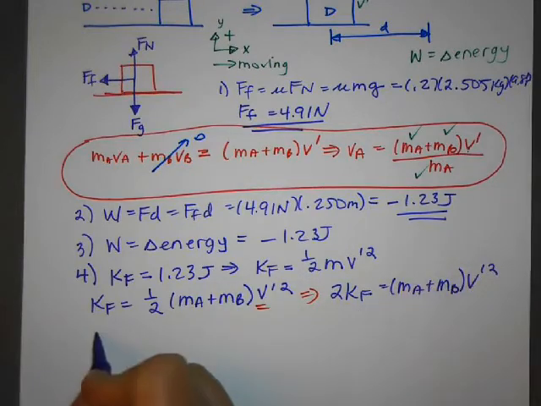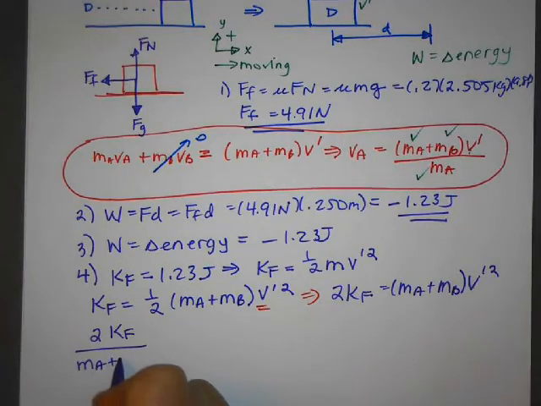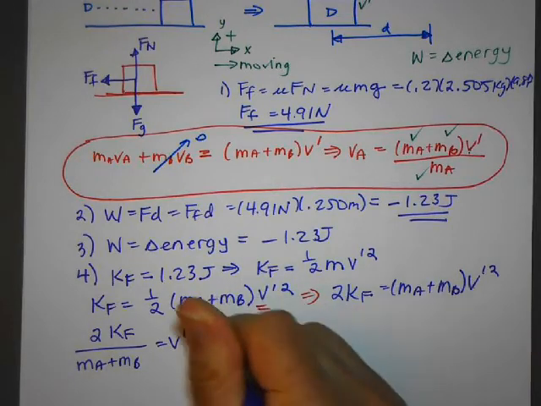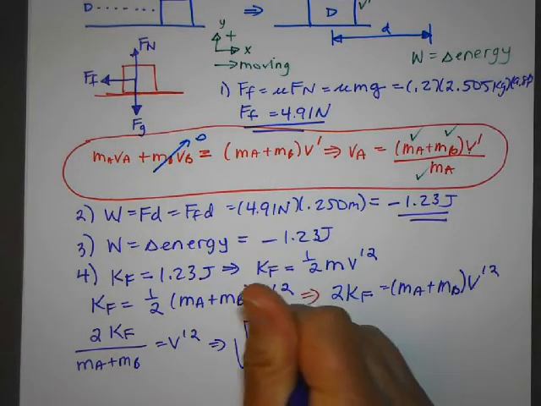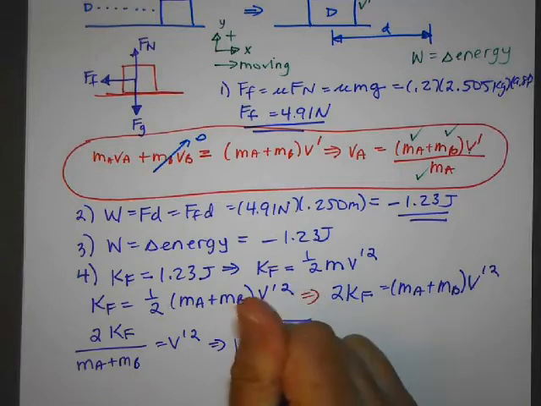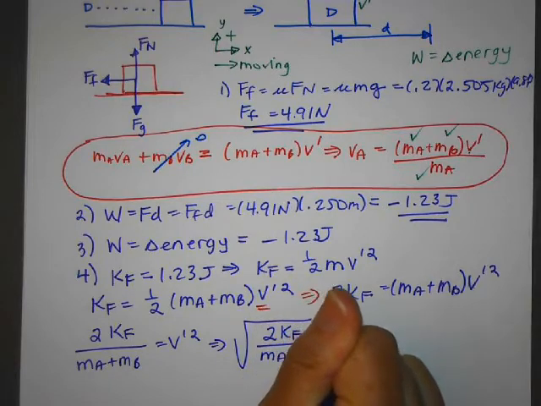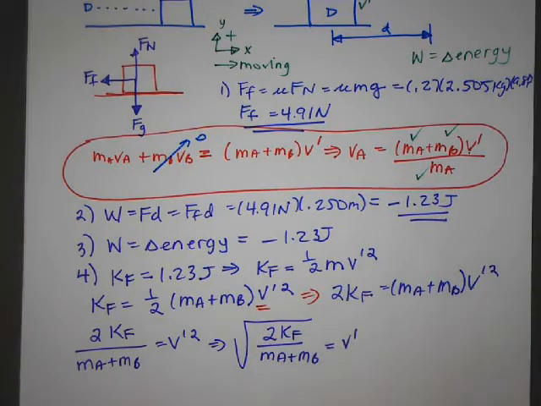I'm going to divide, so I'm going to have 2kf over ma plus mb is equal to v prime squared, and then I'll take the square root of both sides. So now I have radical 2kf over ma plus mb is equal to v prime.